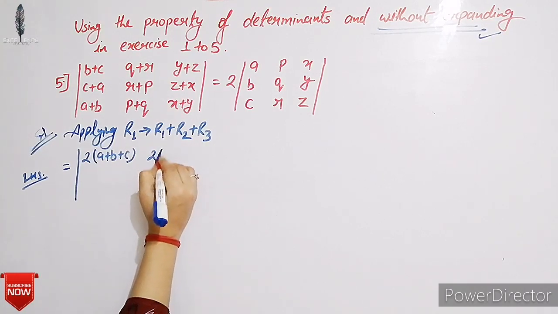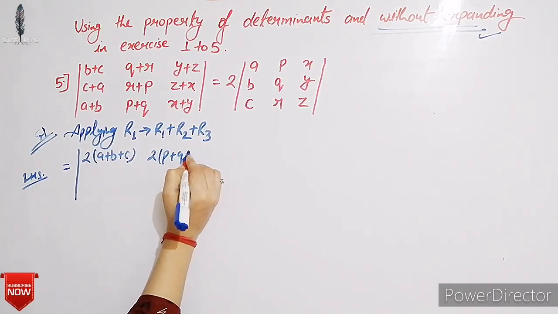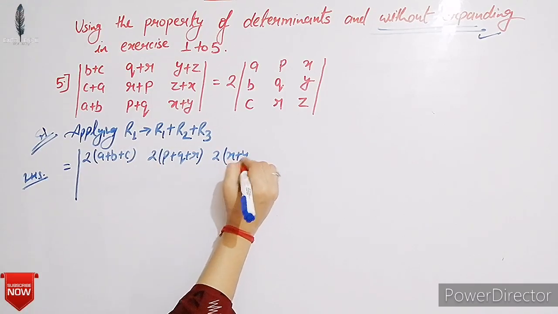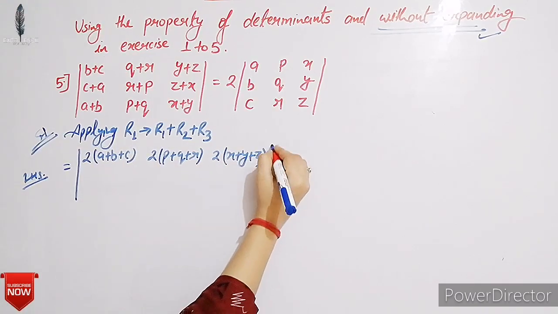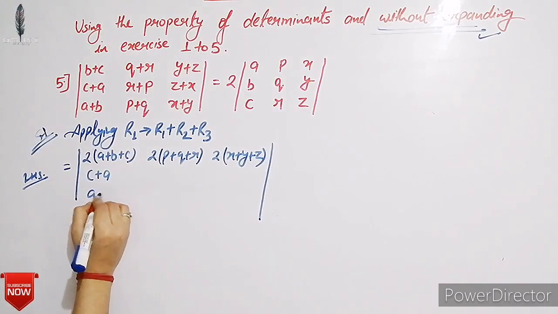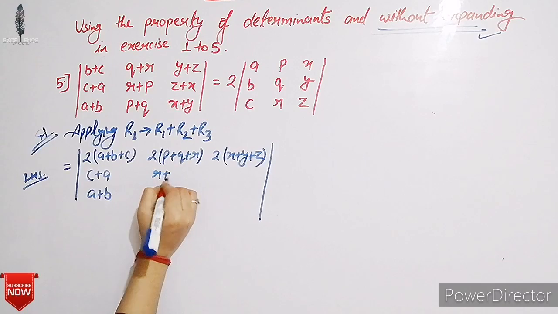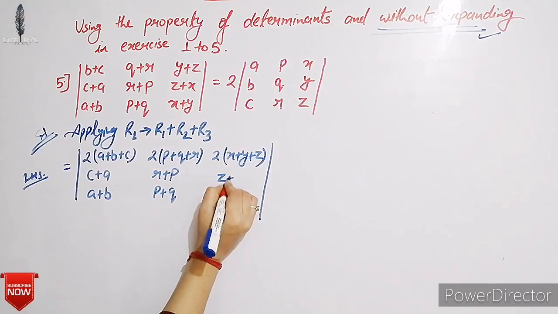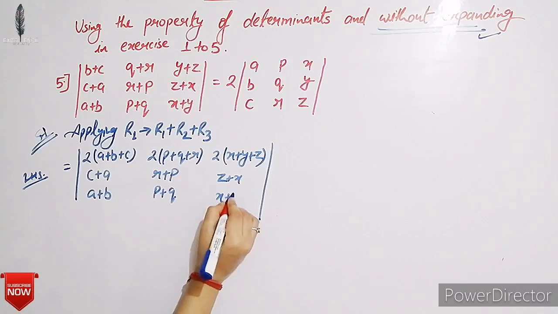Same in C2, twice of p plus q plus r. And here twice of x plus y plus z. And R2 is the same, c plus a, a plus b, here r plus p, p plus q, z plus x, and here x plus y.